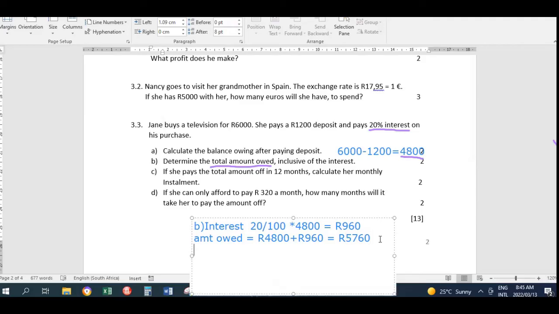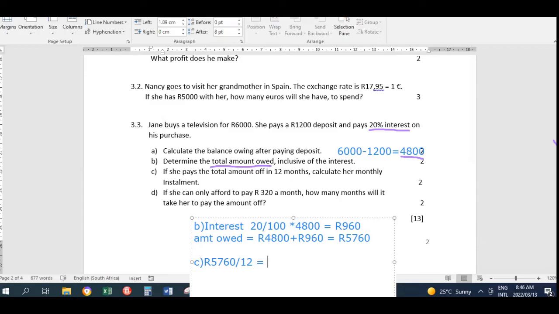That's all in B. Then C asks if she pays the total amount in 12 months. We need to pay the total amount in 12 months. That's just the C part. What amount are we talking about? We're talking about this amount here. We have to pay this amount in 12 months. So if you're paying in 12 months, it's the amount divided by 12 to give you your answer.